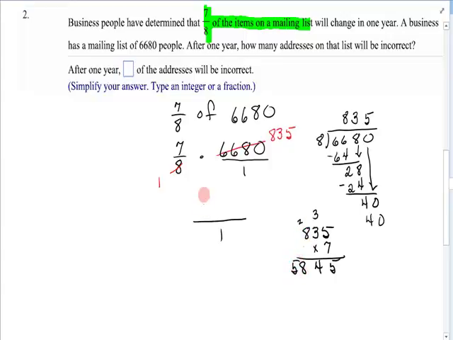So I'm getting 5,845 for the top and 1 for the bottom. That means 5,845. Out of the 6,680 people on the list, they could expect 5,845 will change in a year.